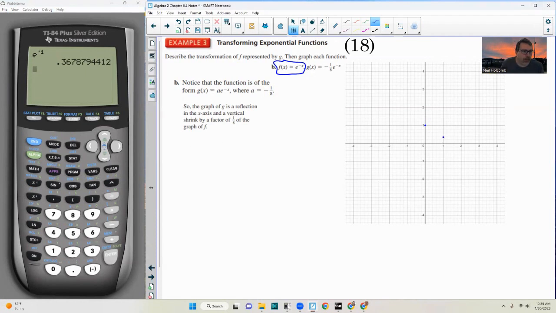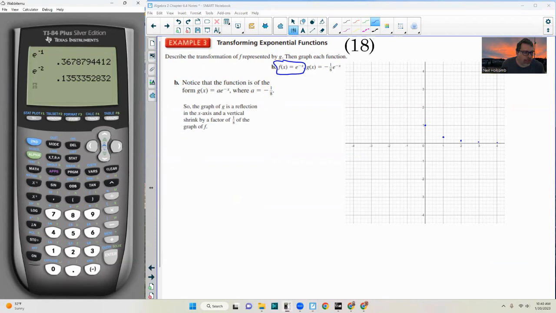Then we're going to do second e to the power of negative 2. When x is 2, that's going to be 0.135. So this is coming down like so, and it's probably going to get closer and closer to 0 like that. Now I'm going to go the other way. To get a negative 1 in this function, x has to be 1. So I'm going to do e to the negative 1, which is e to the 1.